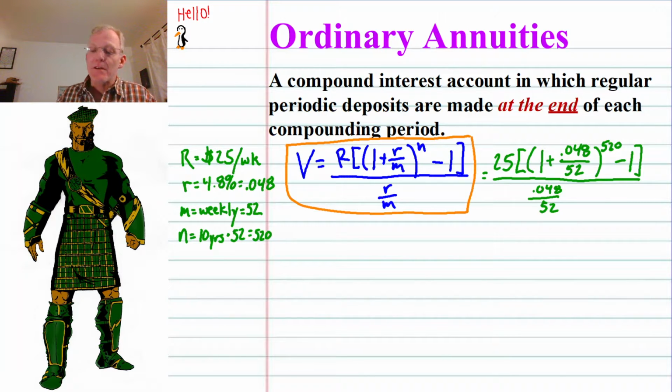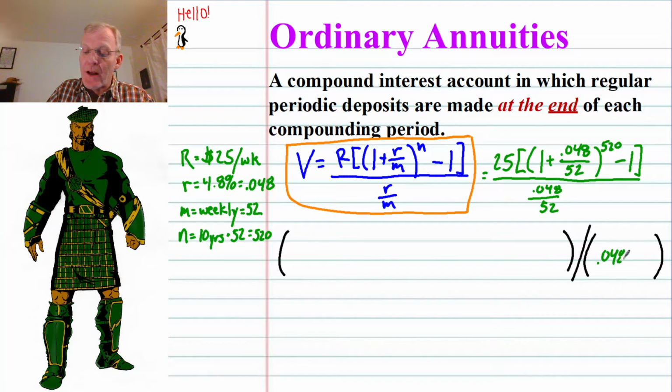Now, how are we going to do this in our calculator? Again, we're going to parenthesize the whole numerator divided by the denominator. I realize the denominator is nice and small, so we'll plug that in there: 0.048 divided by 52. And then over here, looking at the order of operations, we have to do the parentheses first inside of the brackets, and in the parentheses, we have to do division before addition.